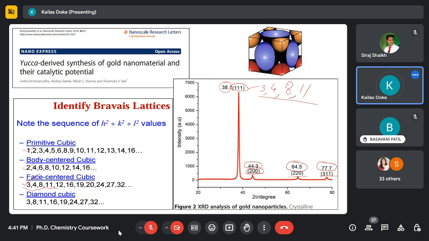Yes, sir. Okay, so we can determine the distance between two D111 planes, or D200 plane, or D220 plane. We can determine the unit volume and lattice constant. Those parameters you can determine easily for a symmetric crystal like a simple cubic crystal.